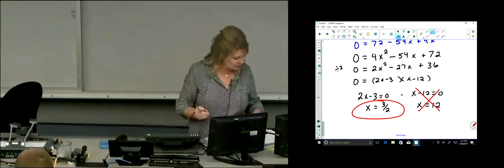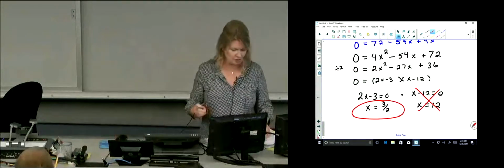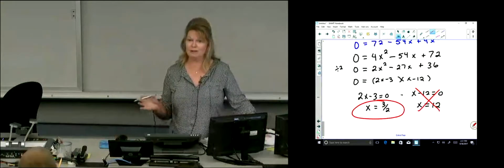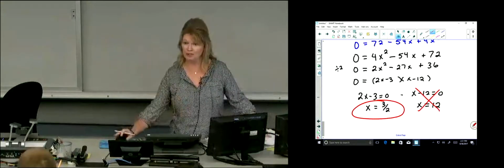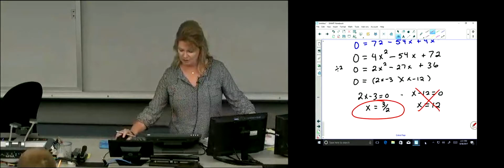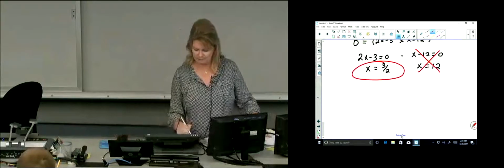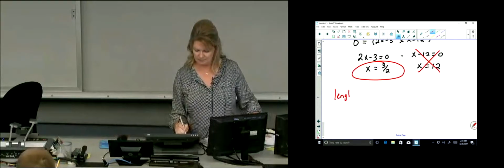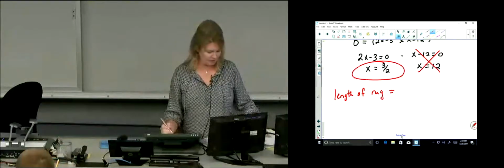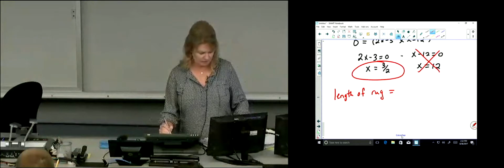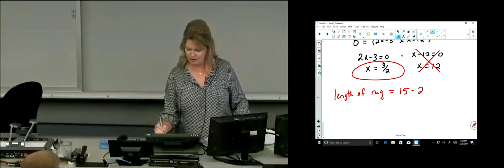And the question was, what dimensions should the rug have? So be careful, you found x, but you haven't answered their question yet. So you need to make sure that you answer their question. The length of the rug, and remember the length of the rug was 15 minus 2x.